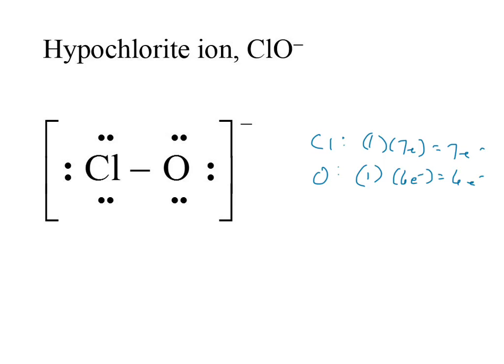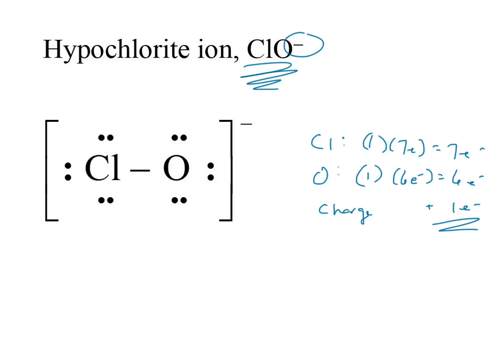Now, here's the deal. If you're drawing the Lewis structure of something that has a charge, you have to accommodate the charge. The fact that this is -1, guess what? We add 1 electron. So I usually just say charge. Because of the charge, I'm going to put +1 electron.